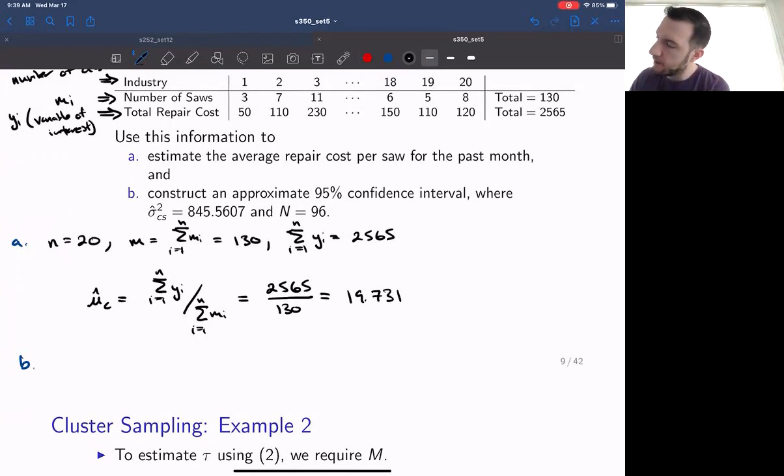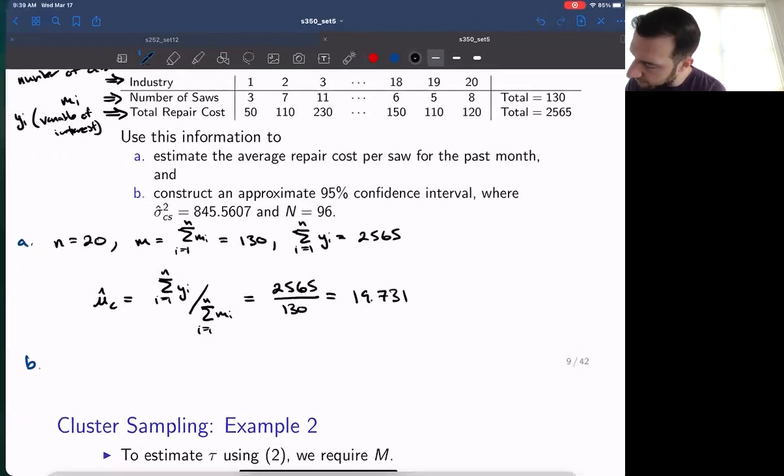Okay, you can see here that we have a declaration that capital N equals 96. This means that we sampled 20 industries from 96 different industries. So the person interested in estimating average repair cost sold saws to 96 different industries, then randomly sampled 20 of those industries and took the total repair cost from each.